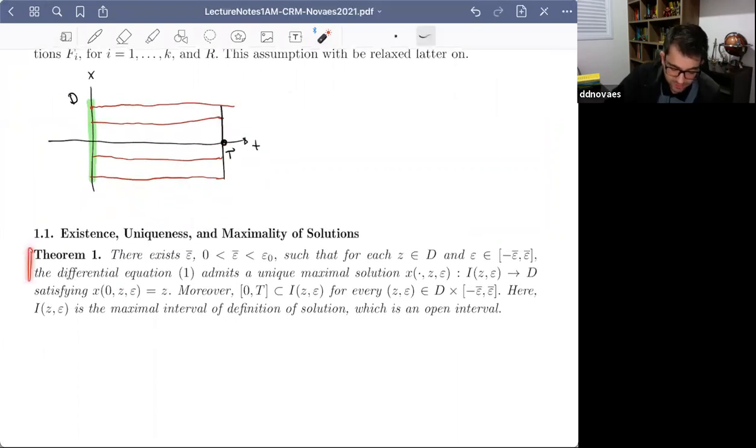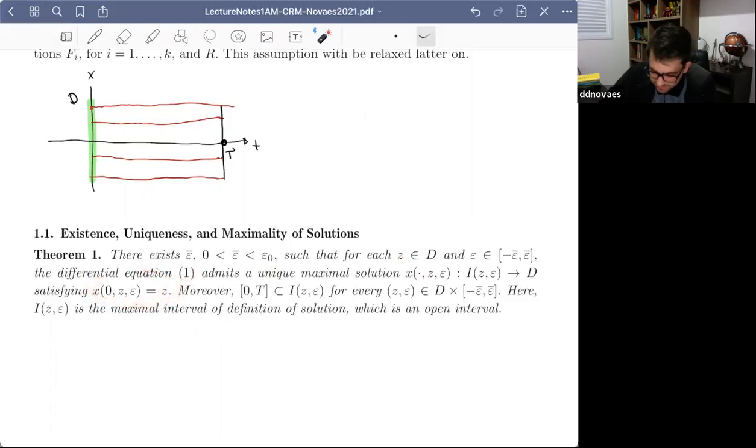The result is the following: there exists an epsilon bar, of course smaller than epsilon 0, such that for each initial condition z, the differential equation 1 admits a unique maximal solution satisfying x of 0 equal z.